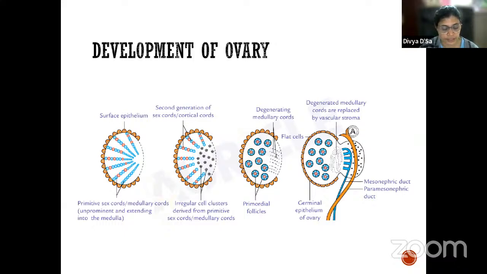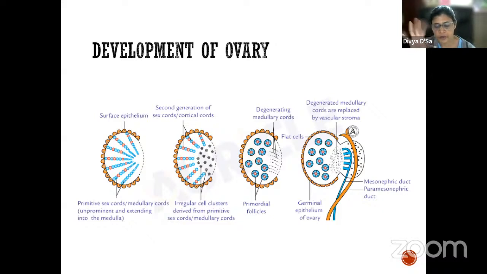This primordial germ cell, which was derived from the yolk sac, forms the oogonia, and the coelomic epithelial cells form the follicular cells. This structure we call the primordial follicles.